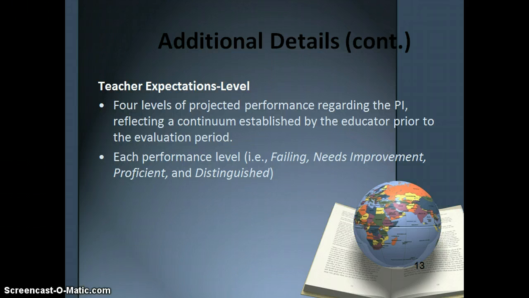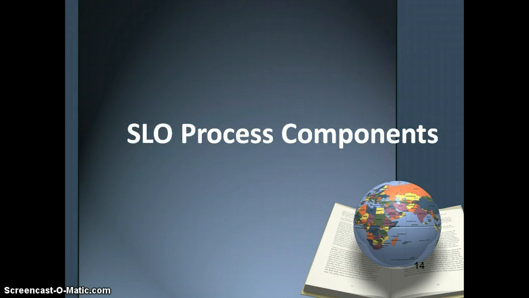Teacher expectations: 4 levels of projected performance regarding the performance indicators reflect a continuum established by the teacher and the district prior to the evaluation period. Those performance levels match those that are already listed in the teacher effectiveness system: failing, needs improvement, proficient, and distinguished.